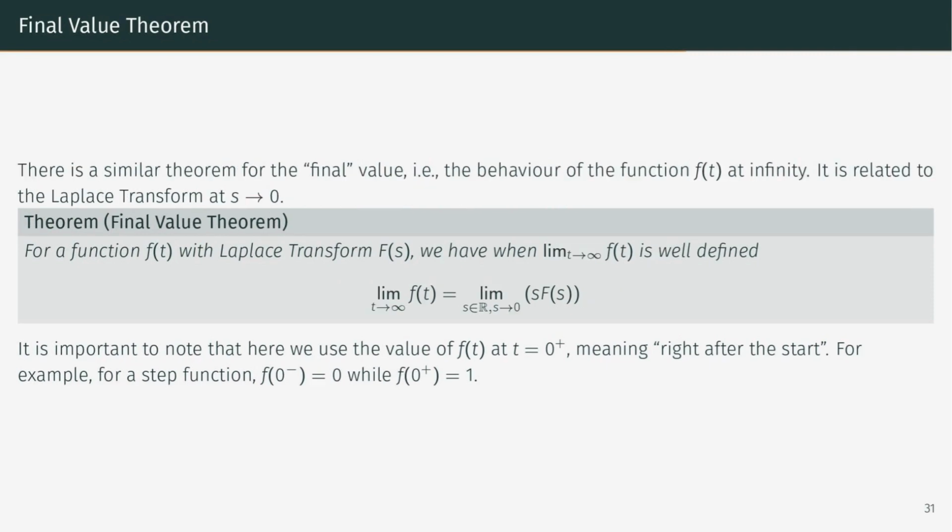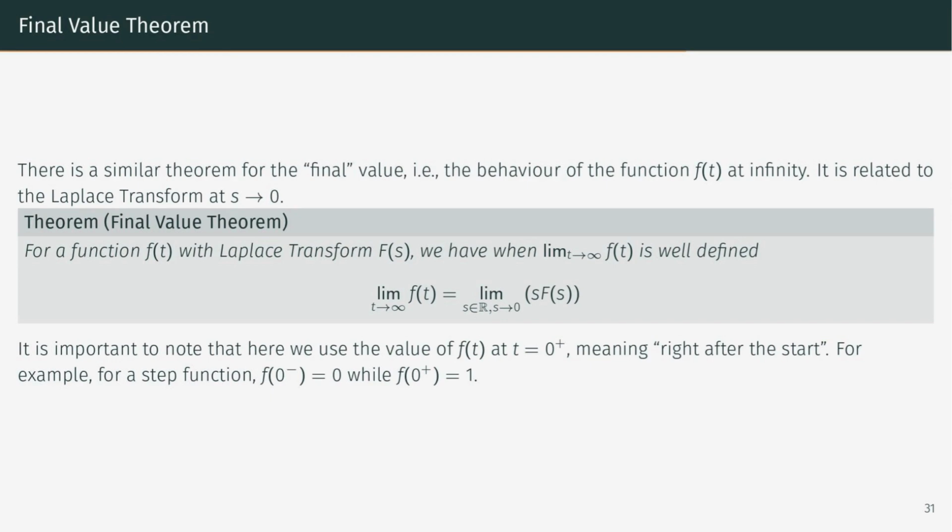There is a similar theorem called the final value theorem. This describes the final value, or the behavior of the function f(t) at infinity. This is related to the Laplace transform at s to 0.